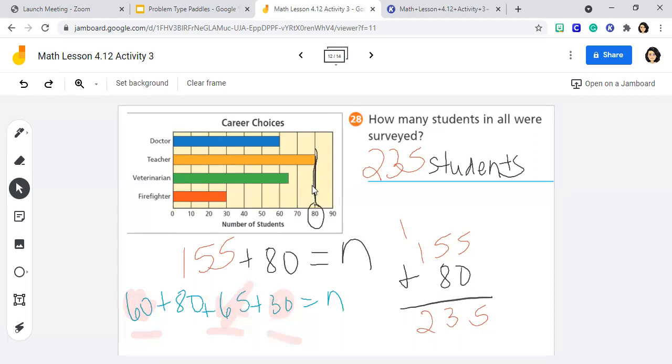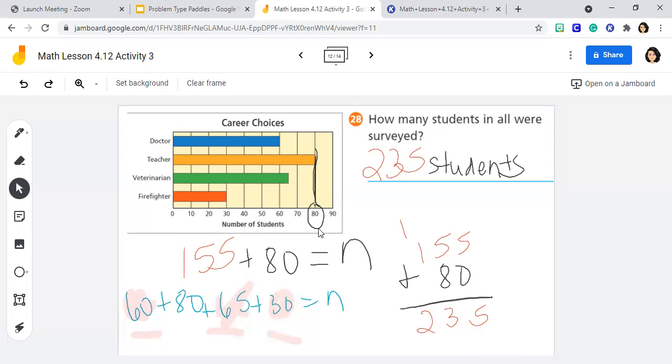So when I added 80 to 155 to get my number, that got me 235. And you can see that teacher, the bar graph goes all the way to this line here. And when I reference down below, that's how I knew that there were 80 students that were choosing to be teachers.